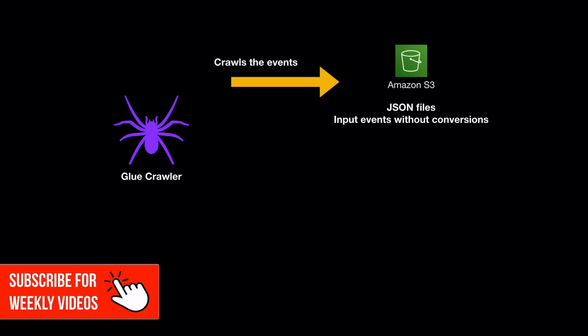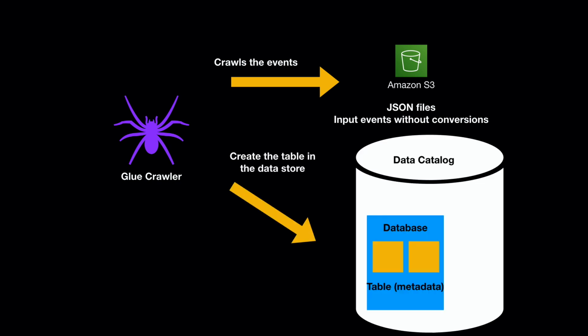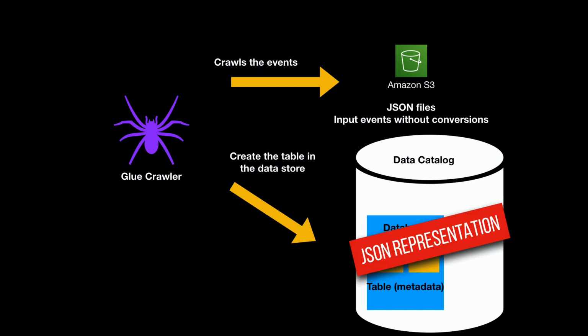I will add a crawler, and this crawler will be on the source. It will basically analyze the events without them being transformed. So before adding the transformation to our Firehose, I will create this crawler, and it will create the table for me in JSON.